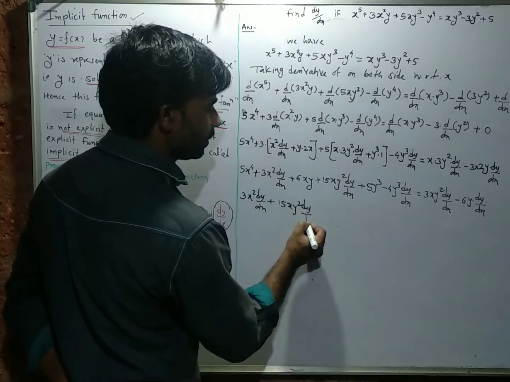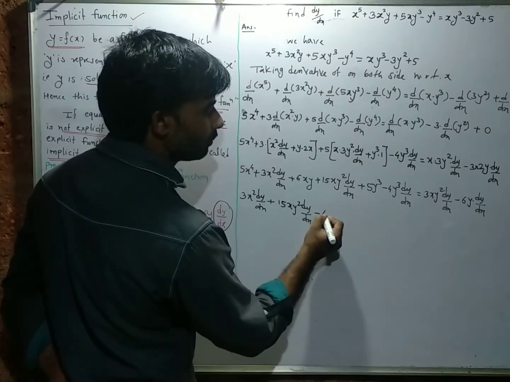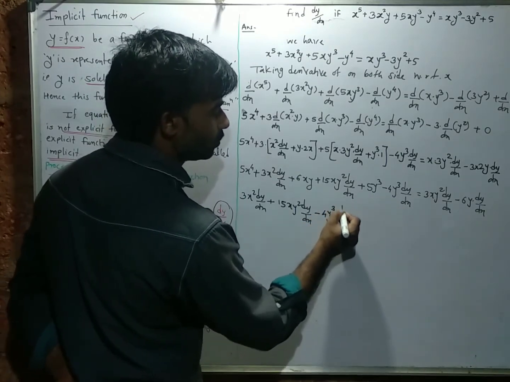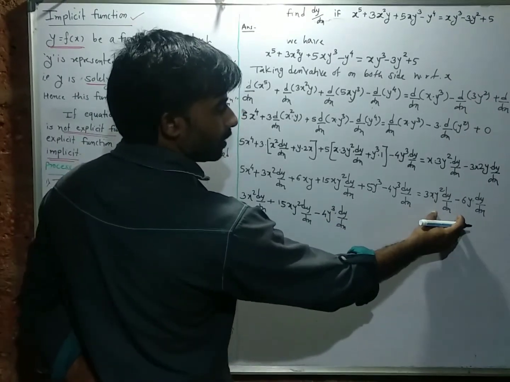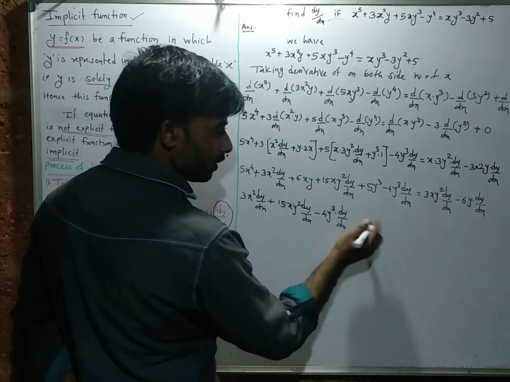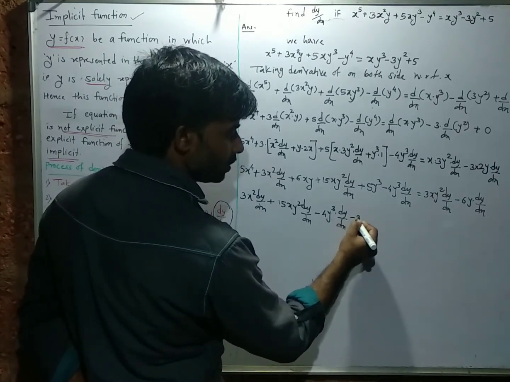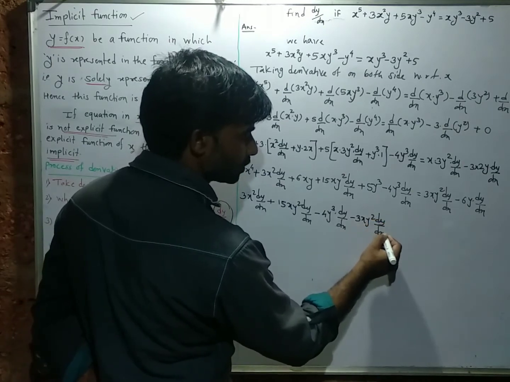Then this term does not contain it, and this term contains dy by dx, then 4y cube into dy by dx. This term contains dy by dx, but it is present in the right hand side, and therefore it is transferred to the left hand side.